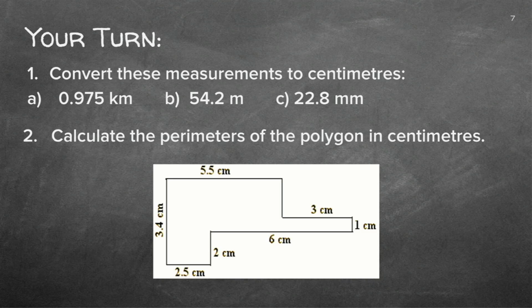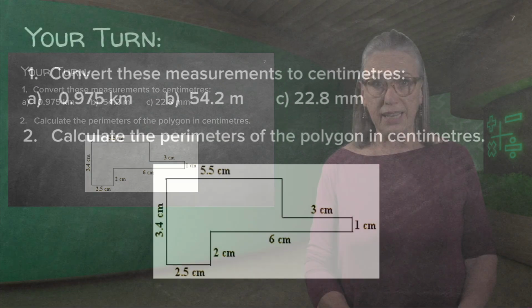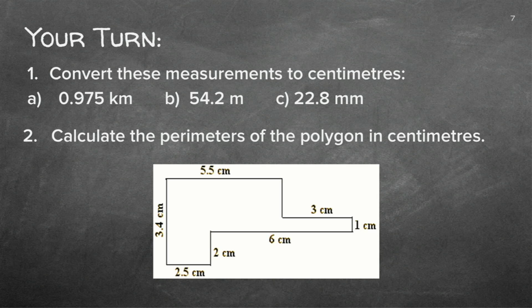Right. Now, just your turn. See if you can do this quickly. If you convert these measurements to centimeters, we've just done it. To go from kilometer to centimeters, yes, you remember you go times 1,000 to meters and then times another 100 to centimeters. So this will be 97,500 centimeters.